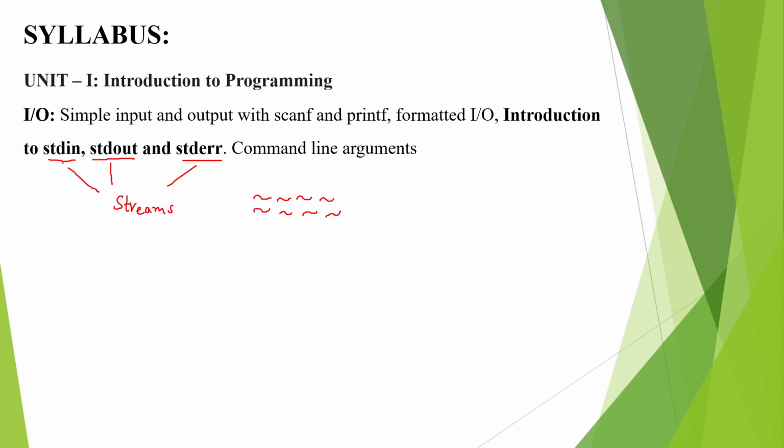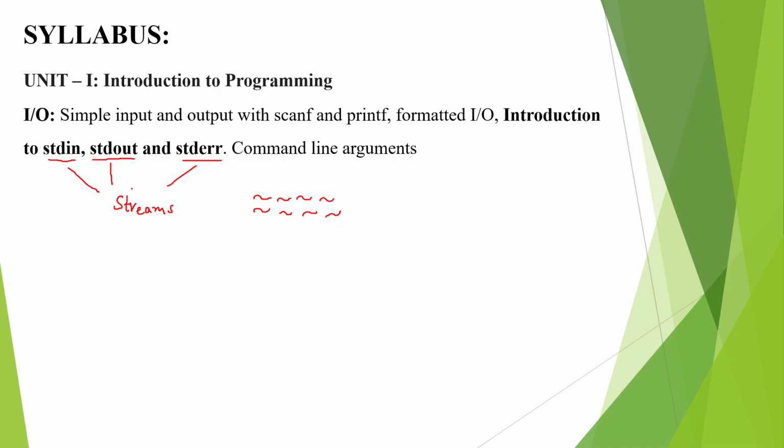Here the data will be generated, and obviously after generating it will flow towards our program variables, because there we are going to store the data. So the data will flow from the standard input towards our program variables. At that point, there is a data flow. Because of that reason we call them streams. Same thing for standard output and standard error.